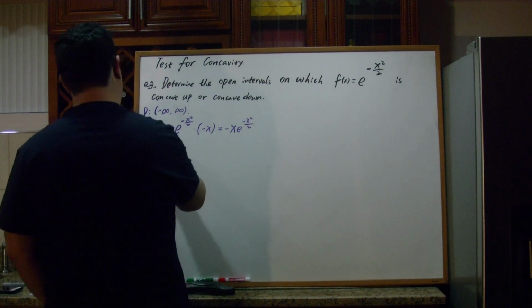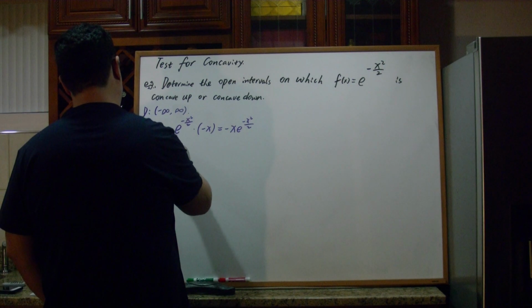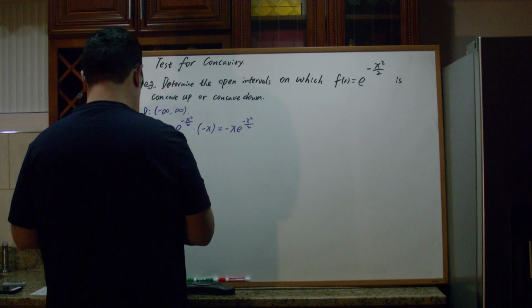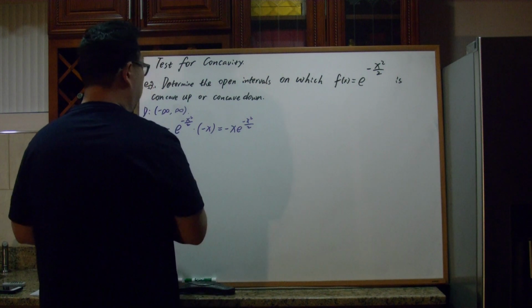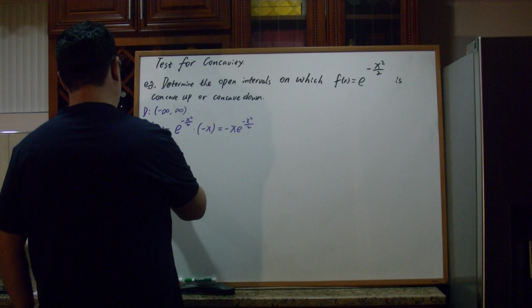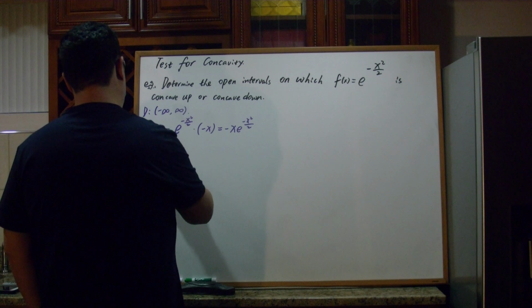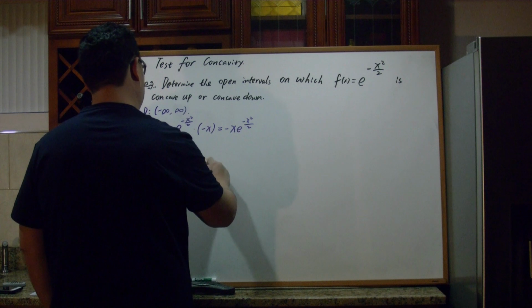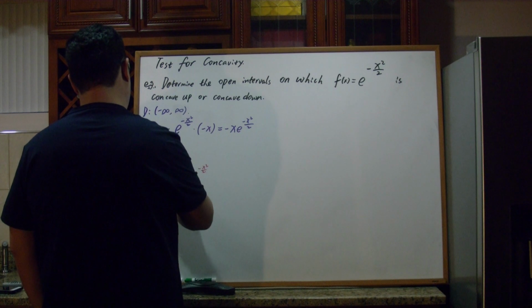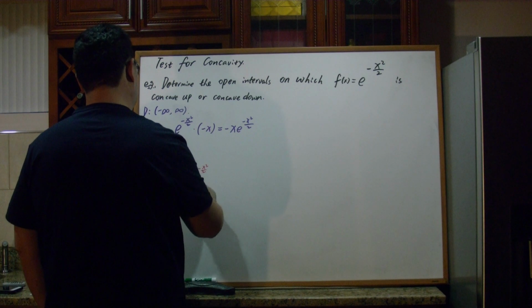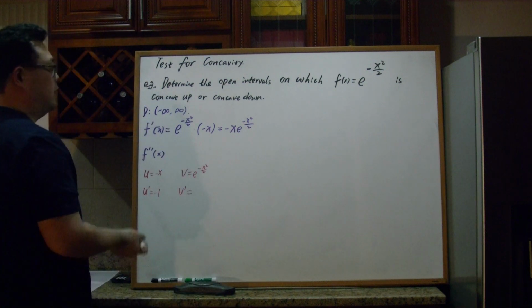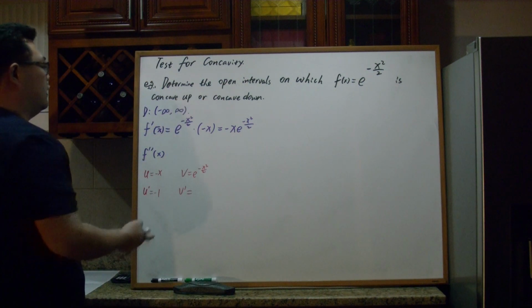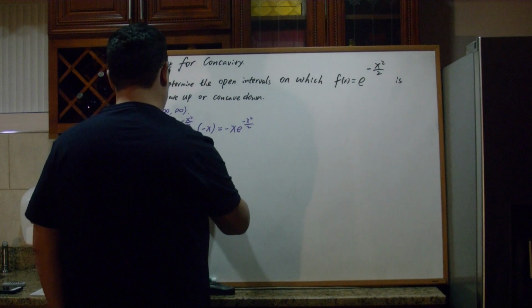Then for f double prime of x, we need to determine the u and v. Use the product rule. u is -x, v is e to the -x squared over 2, where u prime is -1, and v prime is simply our original function's derivative, which we just found.